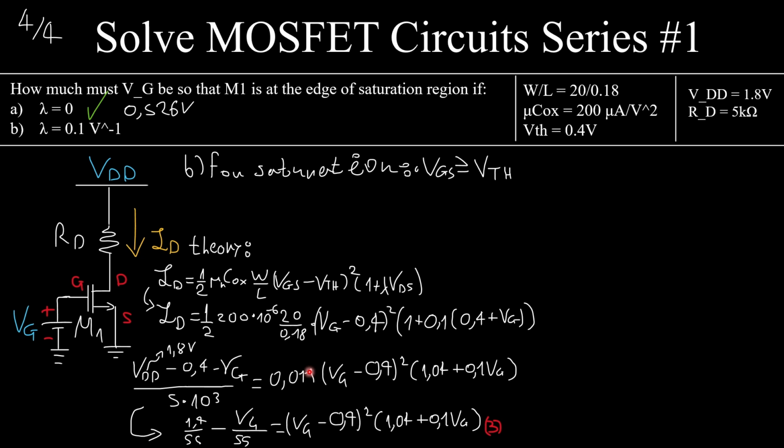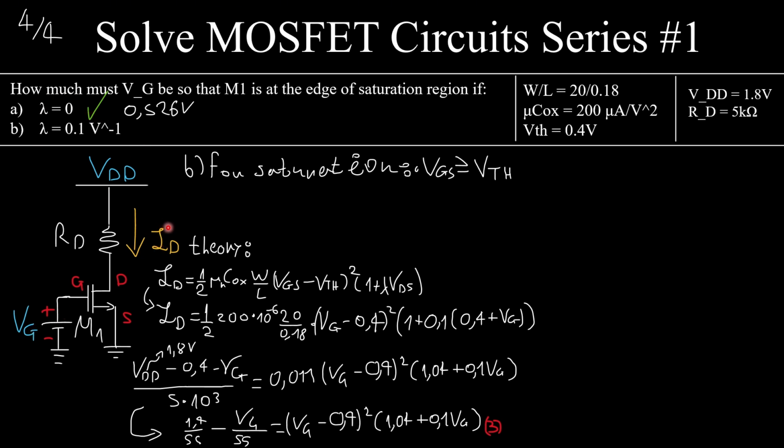So we thankfully were asked to find how much VG is going to be when we didn't have channel length modulation. I suspect, because lambda is not very large, that the value of VG now is not going to be much different than the value that it was before.